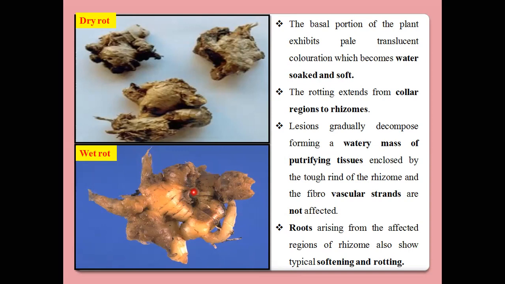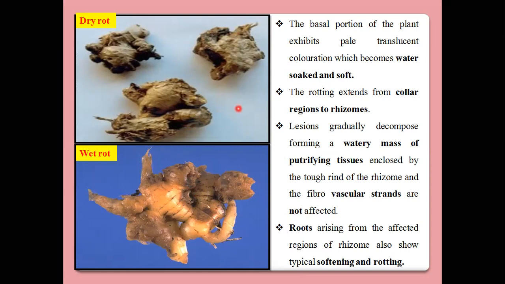The roots arising from the infected lesion or region of the rhizomes also show the typical softening and rotting of the tissues. These two types of rot symptoms are seen in ginger: the first one is dry rot and the second is wet rot.